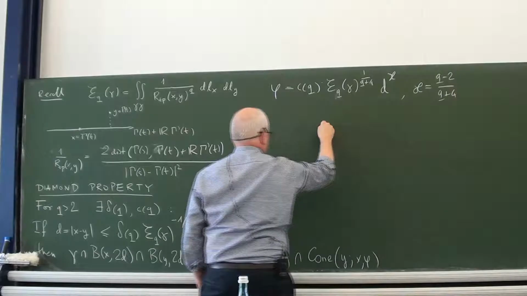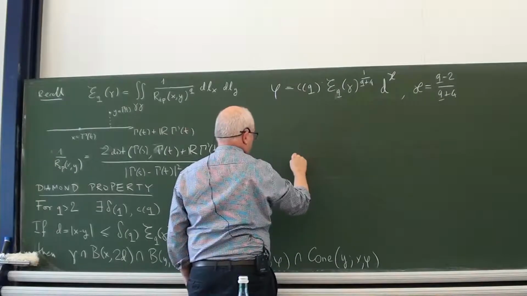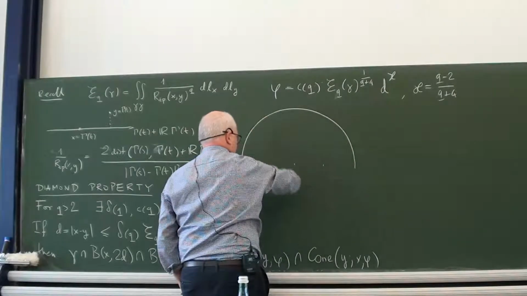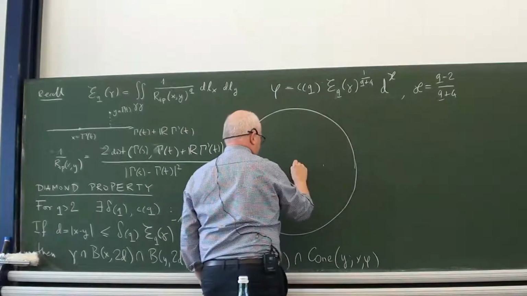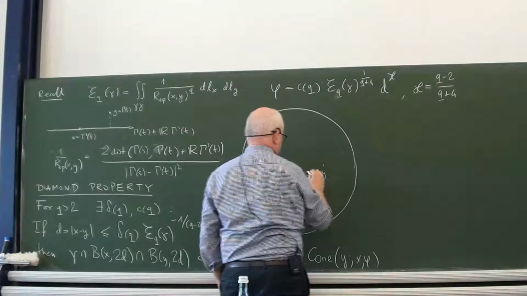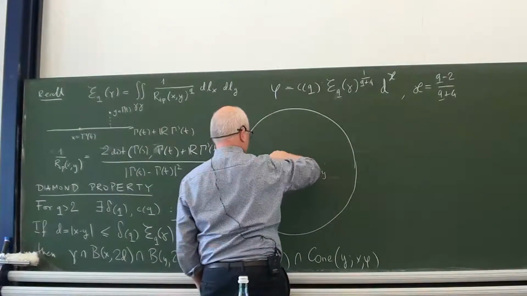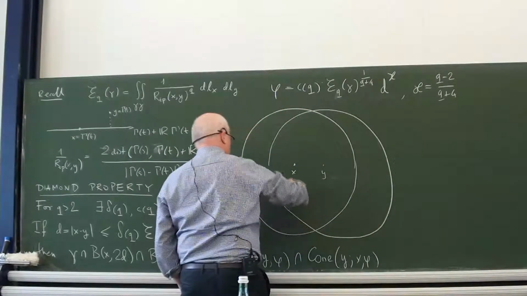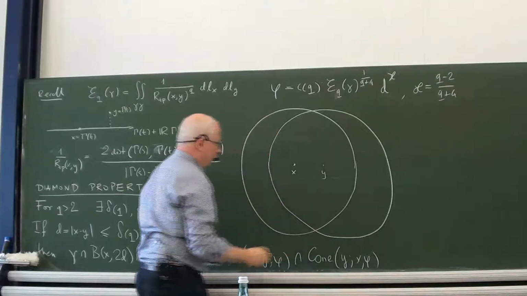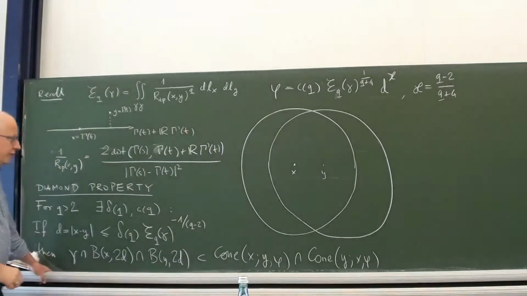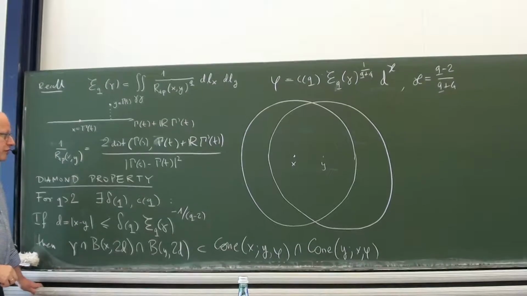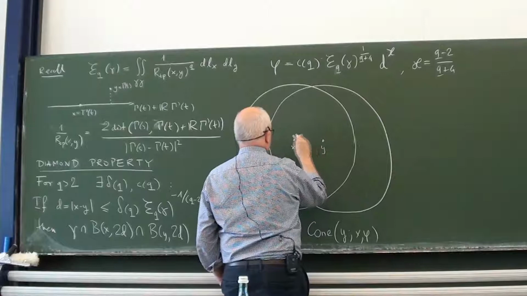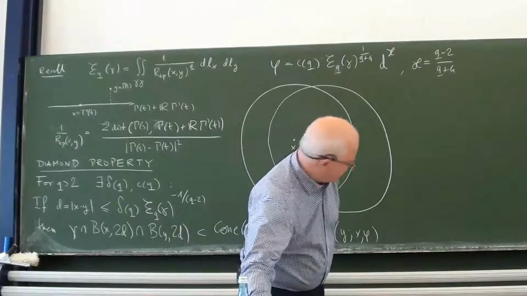But maybe the formulas are not as important as the picture. So this is x, this is y. These are the two balls, and if you look for gamma in the intersection of the two balls, it has to be located in the intersection of the two double cones.